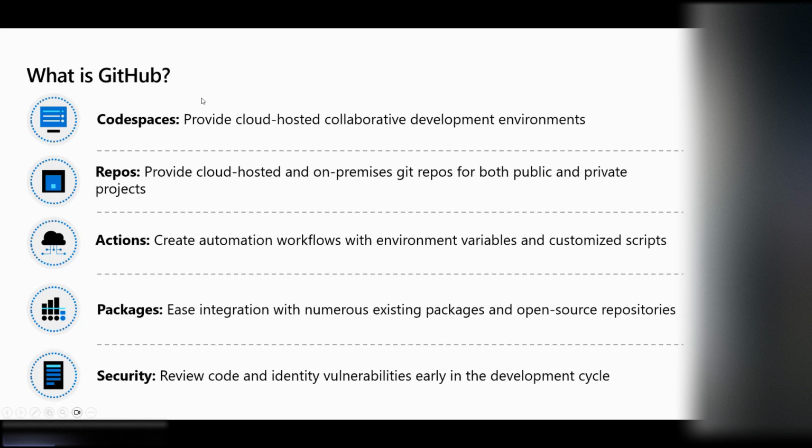we talked a little bit about GitHub, and some of you are utilizing that. So you have GitHub Codespaces, you have your repos, where you're familiar with those repositories as well. From what you all were saying earlier, creating our automation workflows and packages, just like I was saying before, our NPM packages, our Maven packages, and then doing your security review for reviewing code and identifying your vulnerabilities.